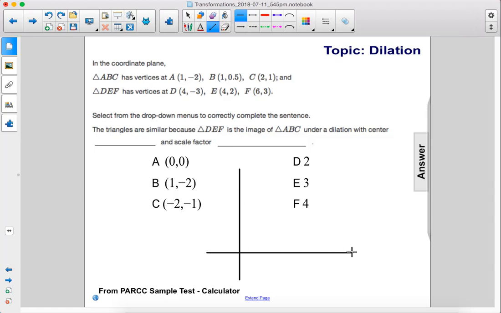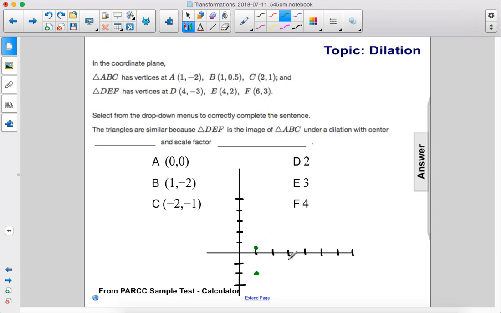So we have an axis here. 1, 2, 3, 4, 5. 1, 2, 3, 4, 5, 6, 7. 1, 2, 3. Okay, so let's sketch out these triangles. ABC is (1, -2), so here. (1, 0.5), so there.